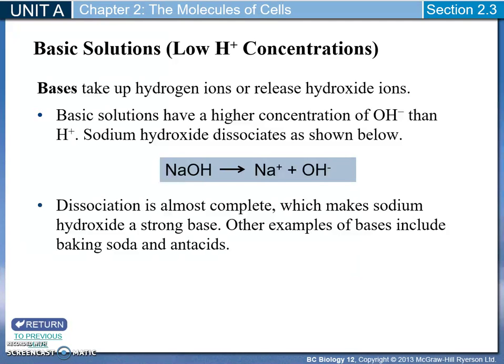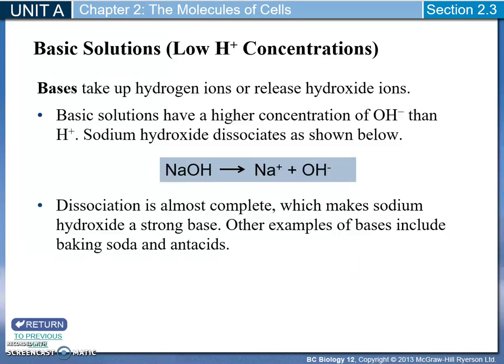Then we have basic solutions. Bases have an excess of the hydroxide ion. When you have a surplus of the hydroxide ion, it renders your pH in the basic range.